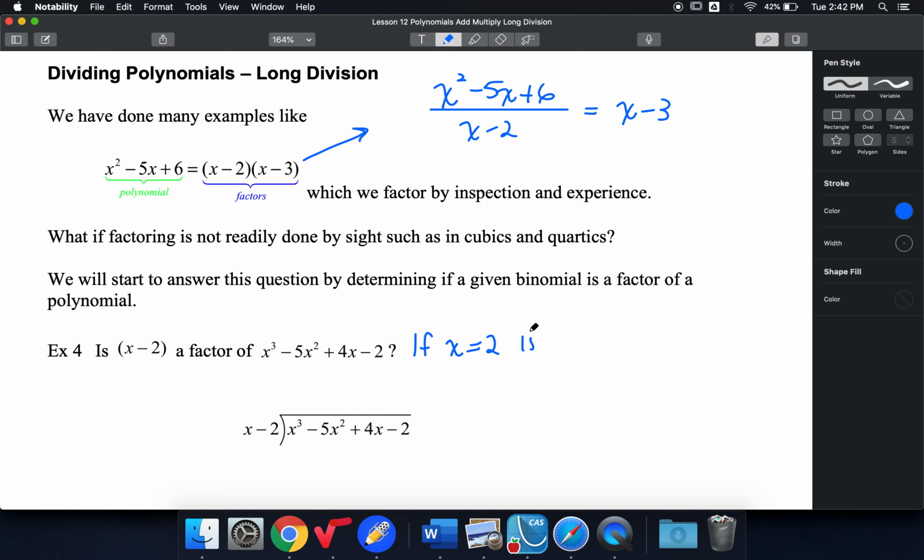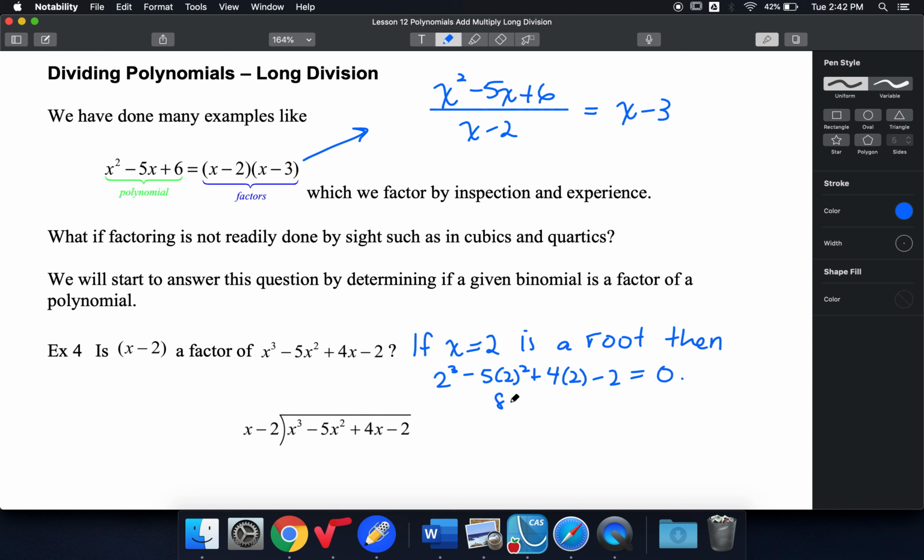if x equals 2 is a root, then 2 cubed minus 5 times 2 squared plus 4 times 2 minus 2 should be equal to 0. So let's test it.